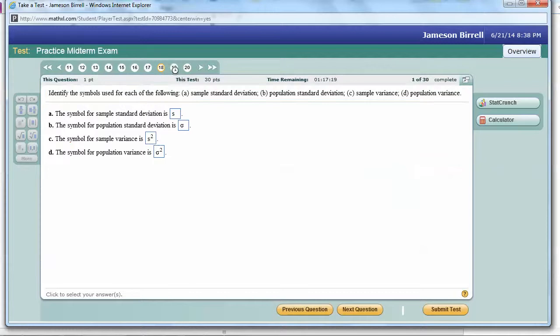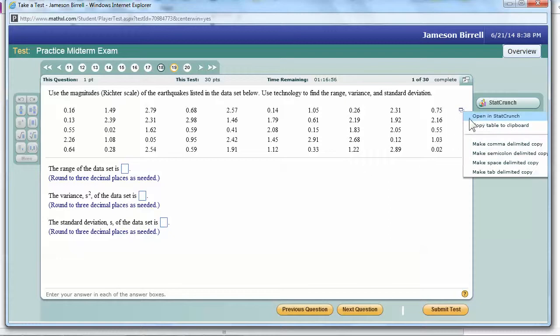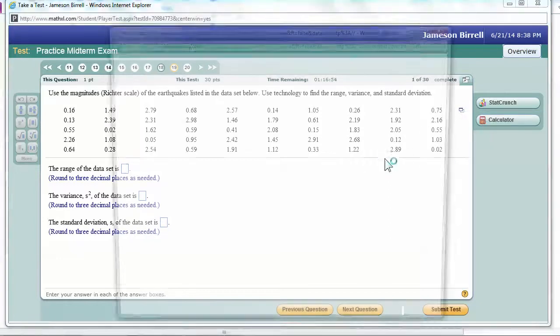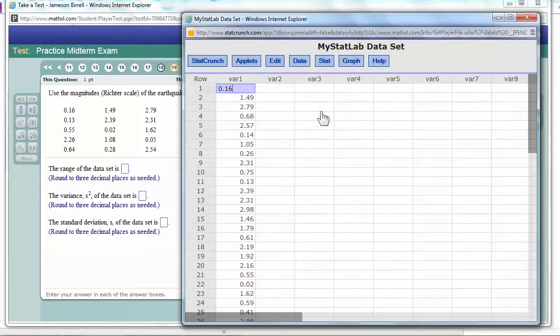So next question. Richter scale question. They've got all the Richter scales here. They say find the range, variance. Okay, there's a lot more to this question, but when we're doing it on a test, it's just a matter of crunching the numbers.